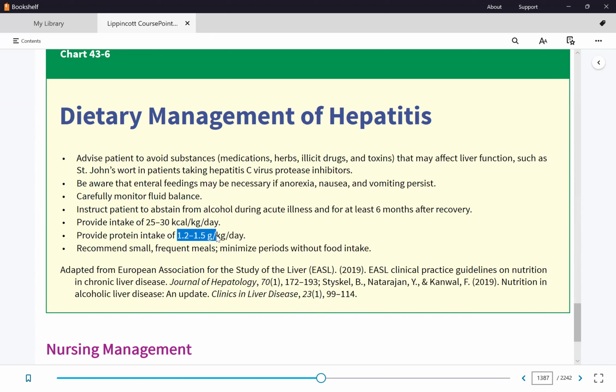Again, they need protein, but it has to be limited because the more protein you give, the more ammonia the patient will produce, which the liver in that infected state cannot eliminate normally. Do you understand?